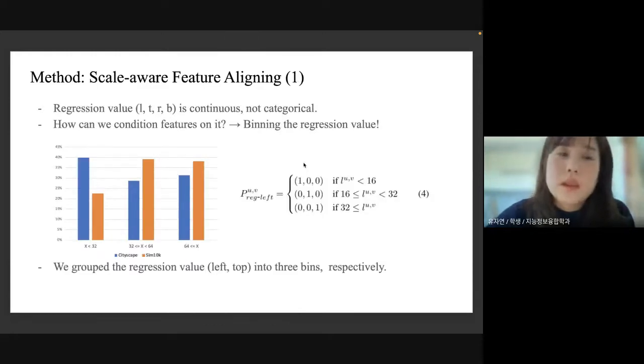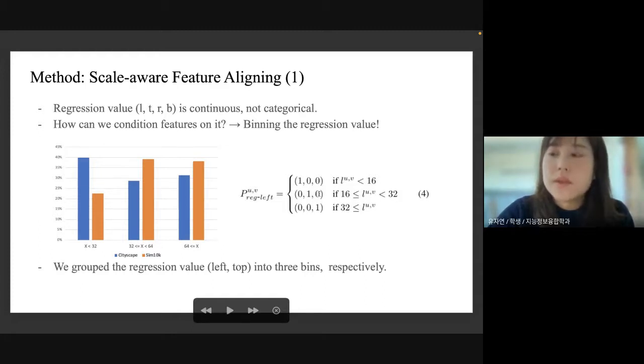We applied similar methods to scale-aware feature aligning. However, the regression values left, top, right, and bottom are continuous, not categorical. So we need to convert the regression values into categorical form. We simply bin the continuous regression values into 3 classes, like in equation 4.